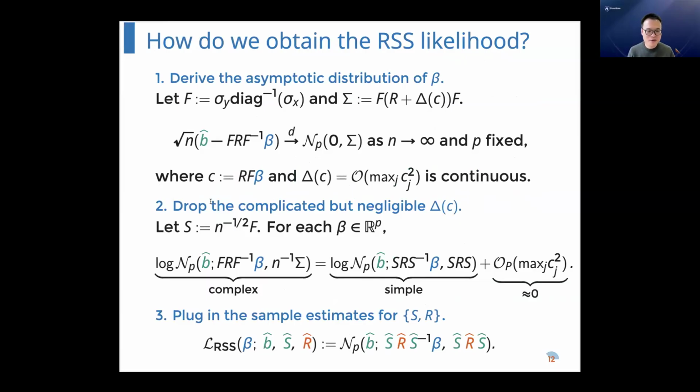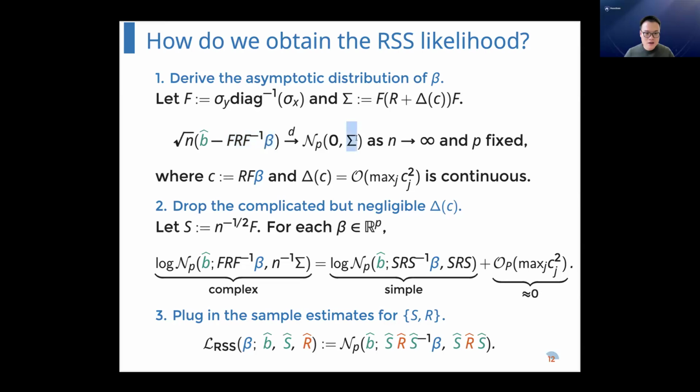This is a very brief overview of how we actually derive this likelihood from the mathematical perspective. We start with the asymptotic distribution of beta hat using some kind of central limit theorem type of argument. We can show that this beta hat follows a p-dimensional normal distribution. The asymptotic mean is very simple to work with.